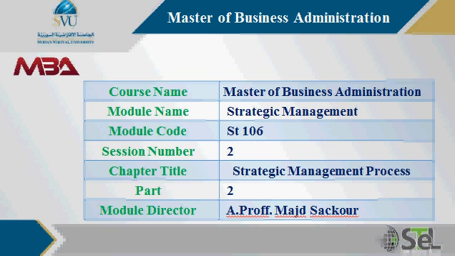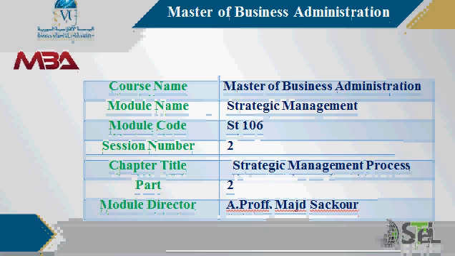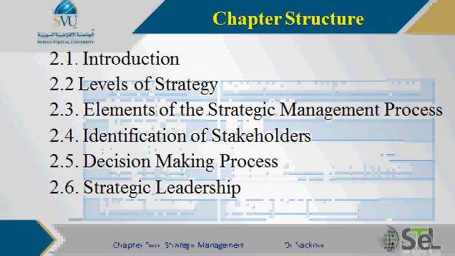So, we still remember, just to remind you, in the first session, part number 1, we talk about strategy, vision, mission, objectives. We talk about goals, smart objectives. Do you remember this?